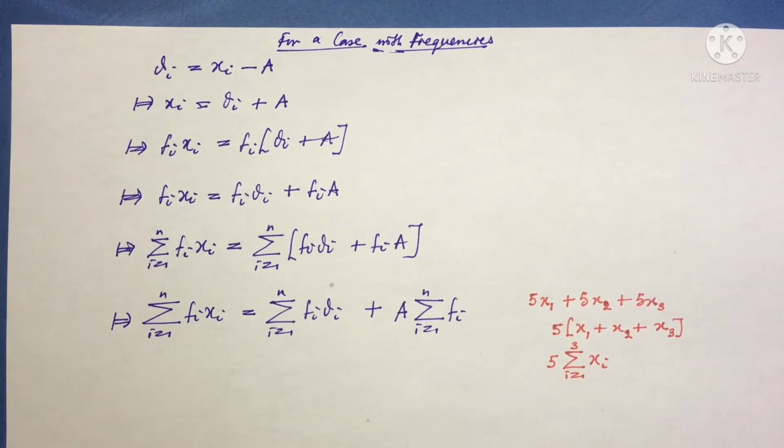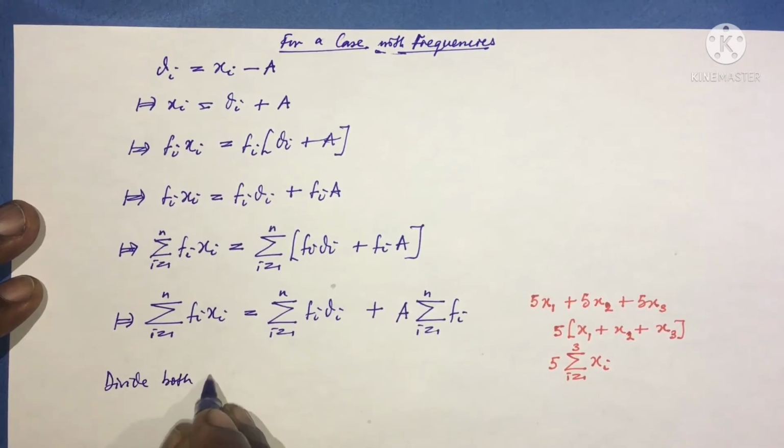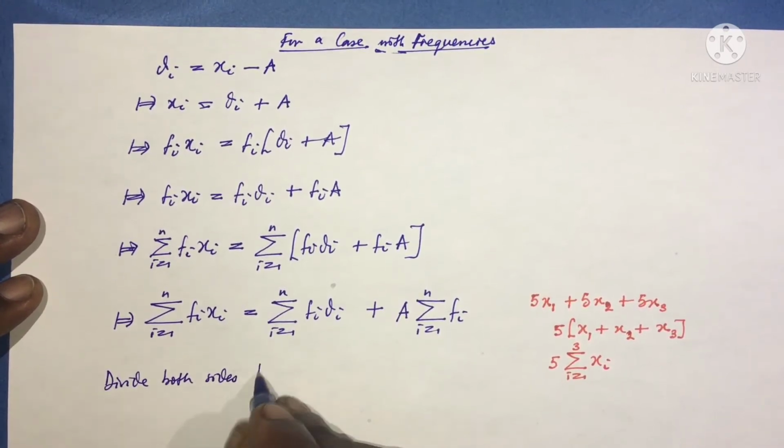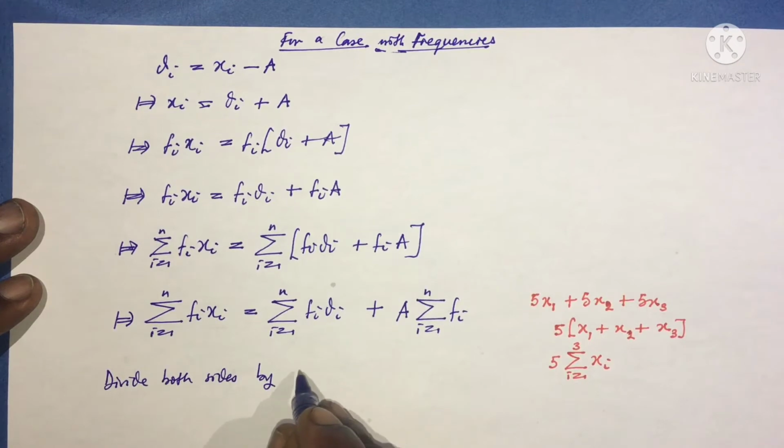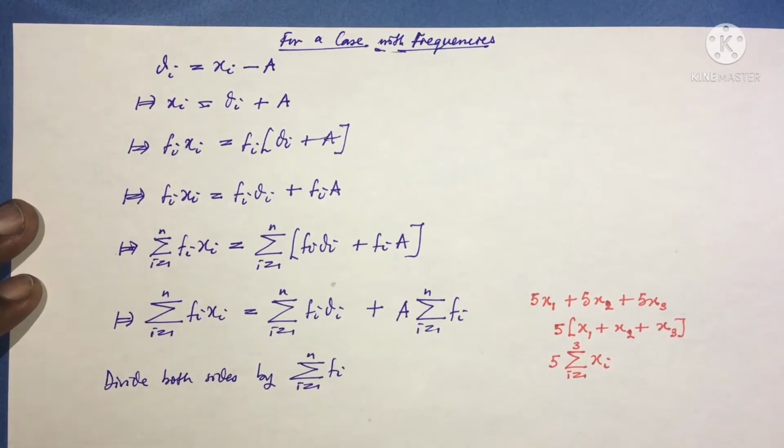Now the next thing we are going to do is to divide both sides by the summation of fi from i equals 1 to n.